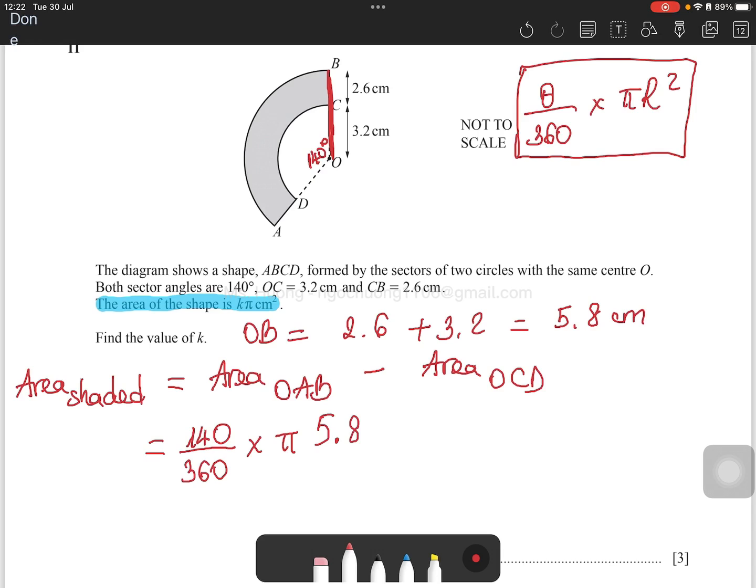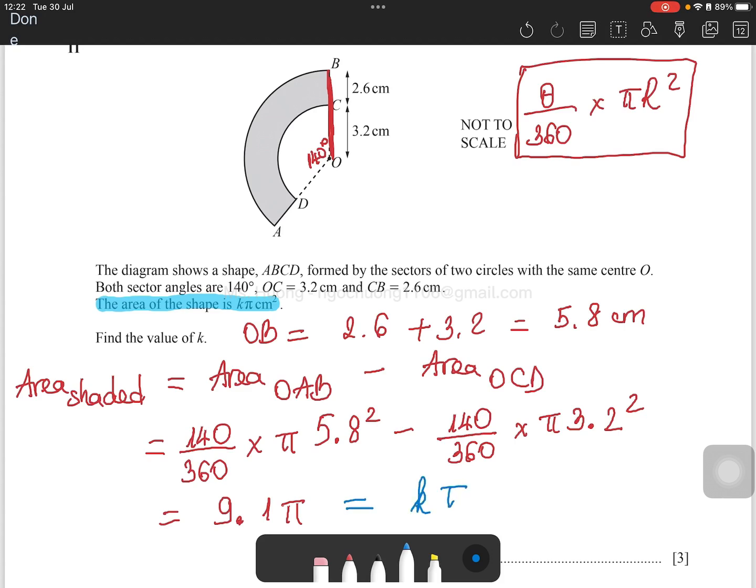This is what we just found. Subtract the area of the sector OCD with the same angle, 140 over 360 multiplied by pi. In this case, the radius is 3.2 squared. And the answer for this is 9.1 pi. And according to the question, the area of the shape is K pi. So this means K is equal to 9.1.